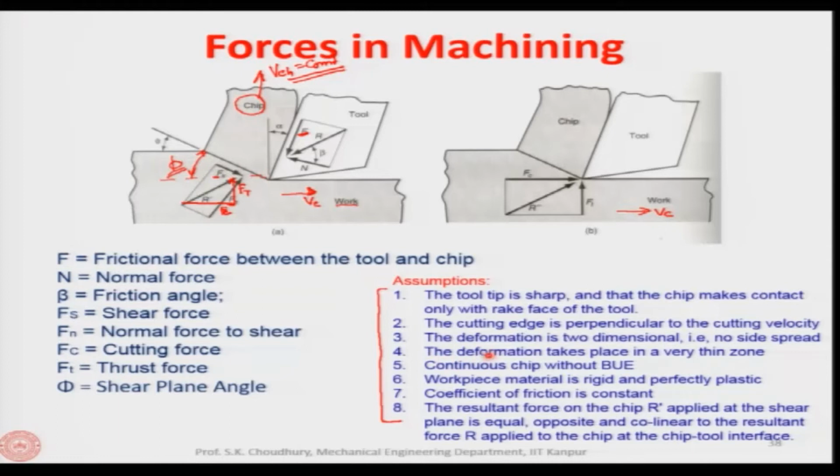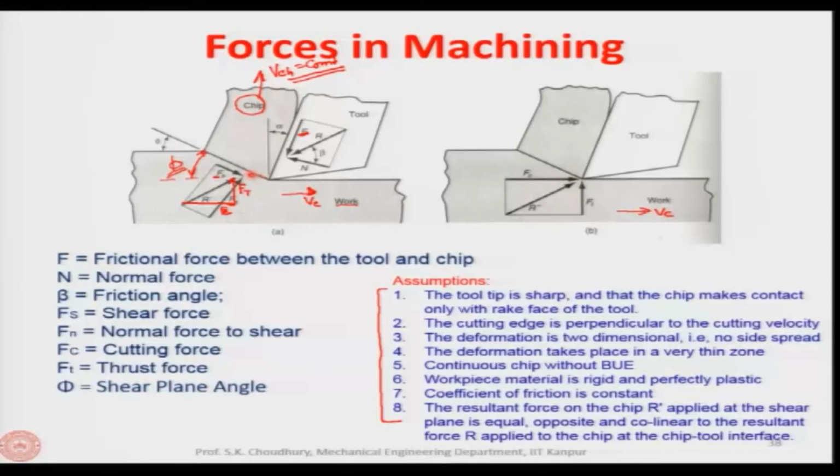Fourth assumption is the deformation takes place in a very thin zone. Let me explain that this assumption had to be taken because the plastic deformation actually does not happen along a plane, it happens along an area. So, this is actually not the shear plane, but a much thicker zone.